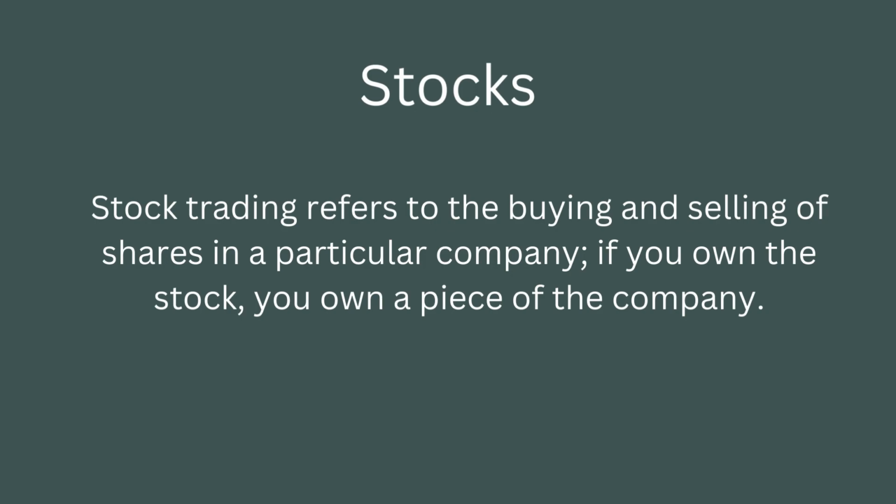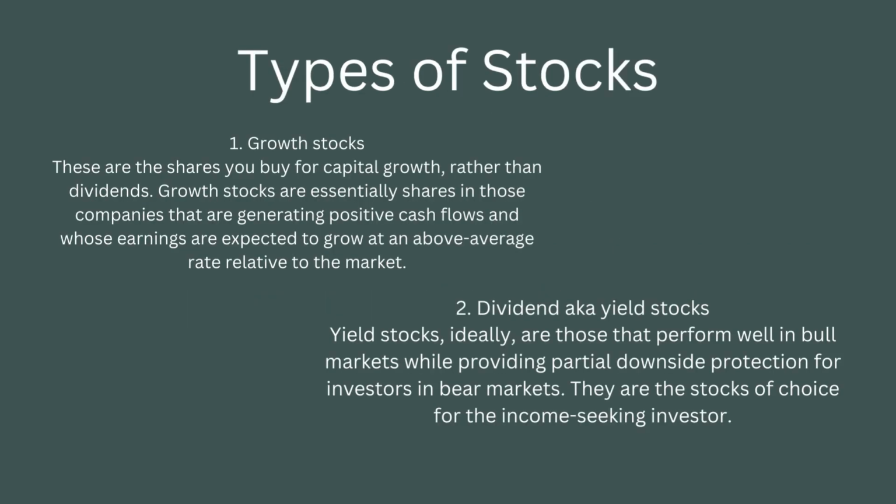Then we have types of stocks. We have growth stocks. These are the shares you buy for capital growth rather than dividends. Growth stocks are essentially shares in those companies that are generating positive cash flows and whose earnings are expected to grow at an above average rate relative to the market. That's the growth stocks. And the other stocks that we have is dividend, aka yield stocks.